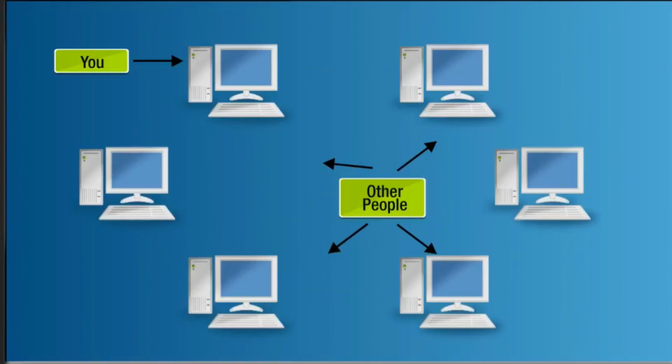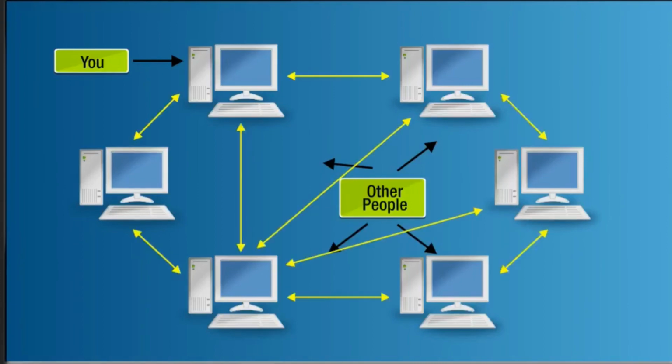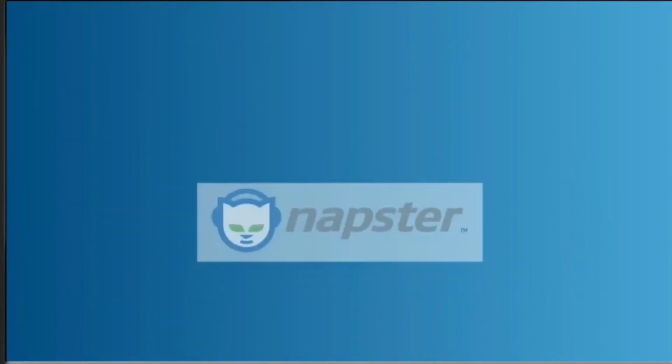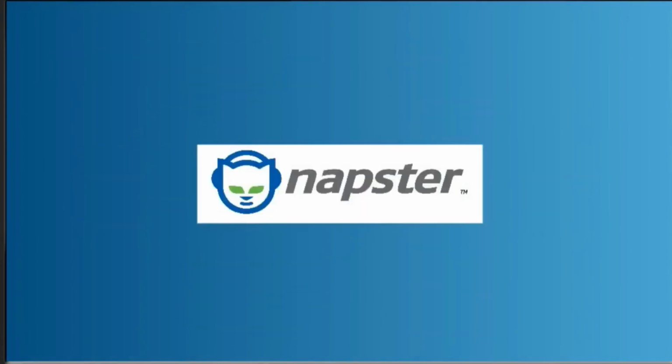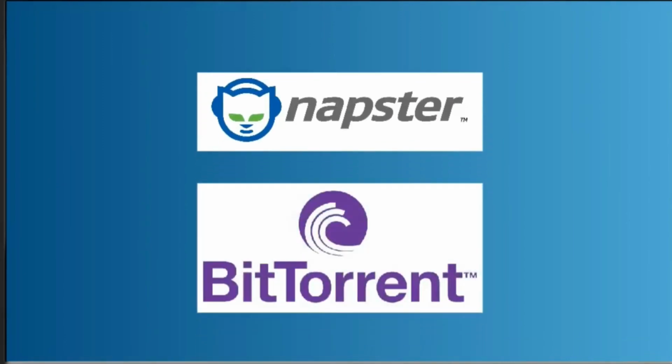A peer-to-peer network is considered robust as if one or several nodes stop working, the network continues to function. It is mostly used for file sharing. One of the earliest peer-to-peer file sharing networks was Napster, and a recent protocol is BitTorrent.